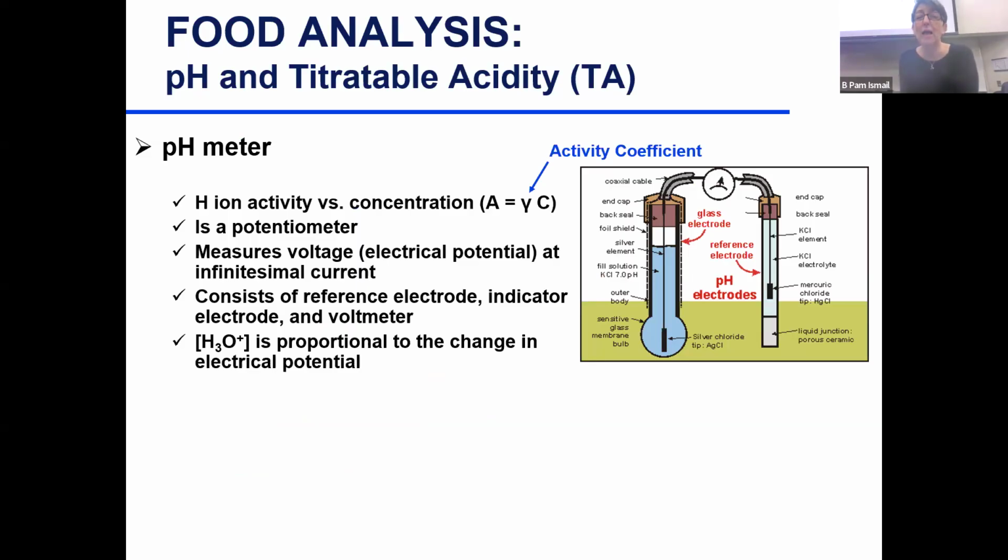It measures the activity of free hydrogen, and it's basically measuring the change in voltage between a reference electrode and the sample electrode. So that difference in voltage at a very, very small current, infinitesimal current, would be calculated in terms of concentration of hydronium ions and converted to pH. So the equipment does all that for you.